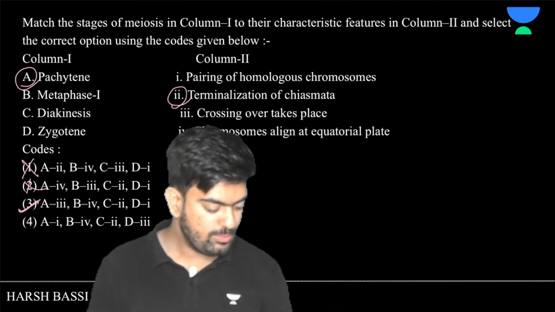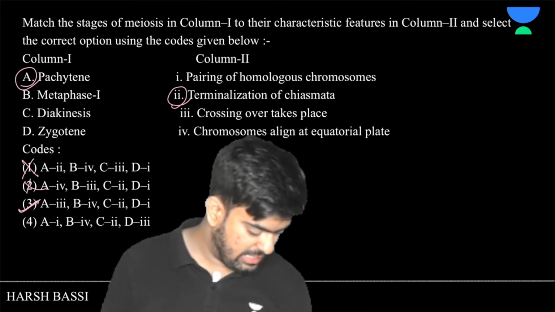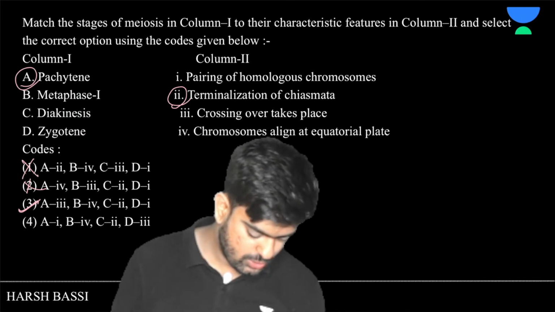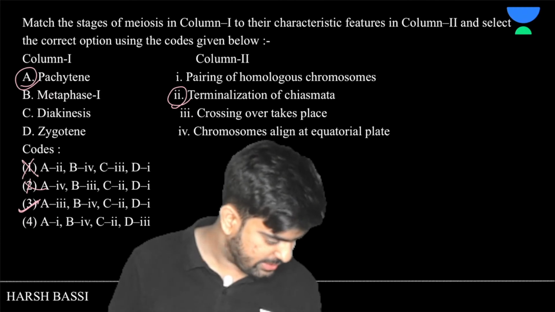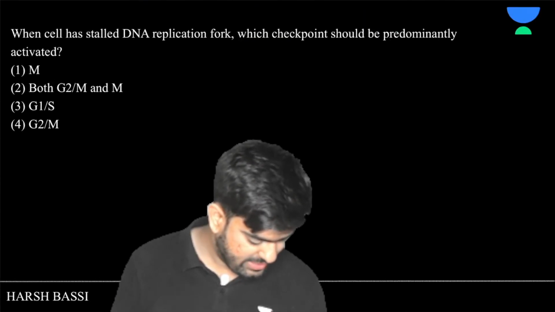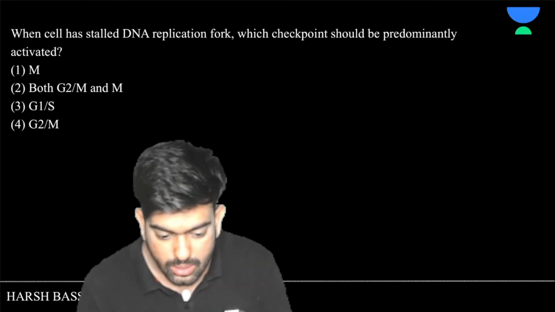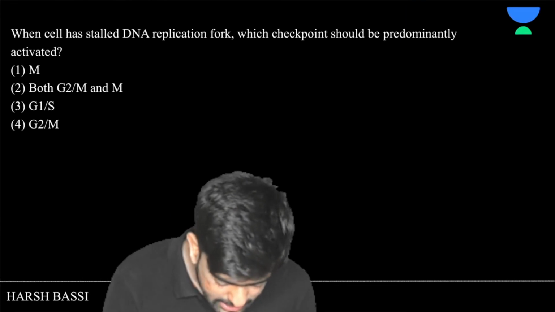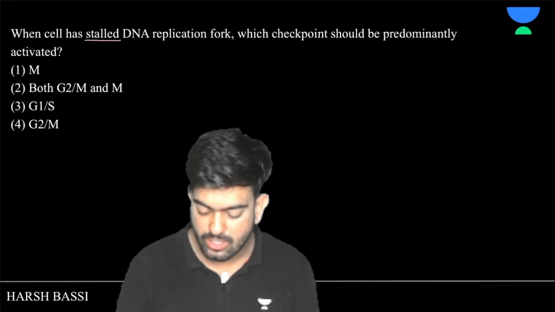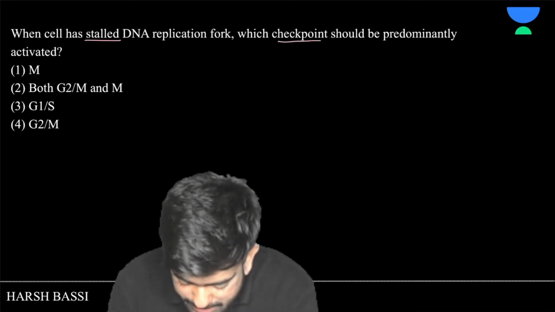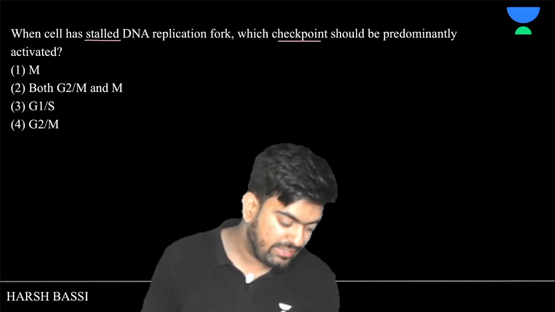Now, let's move on and go with the next question. The next question here: when a cell has stalled at the DNA replication fork, which checkpoint should be predominantly activated?